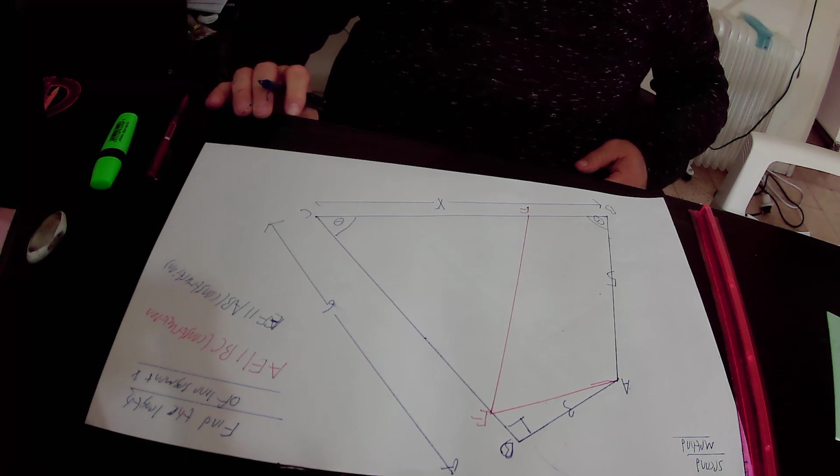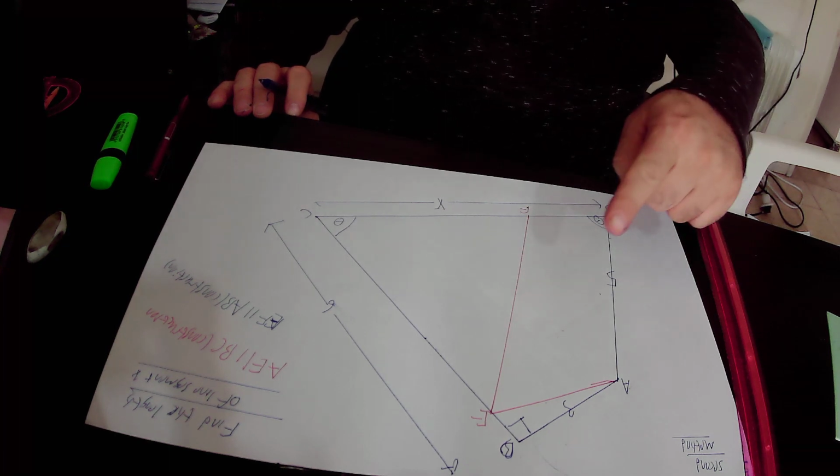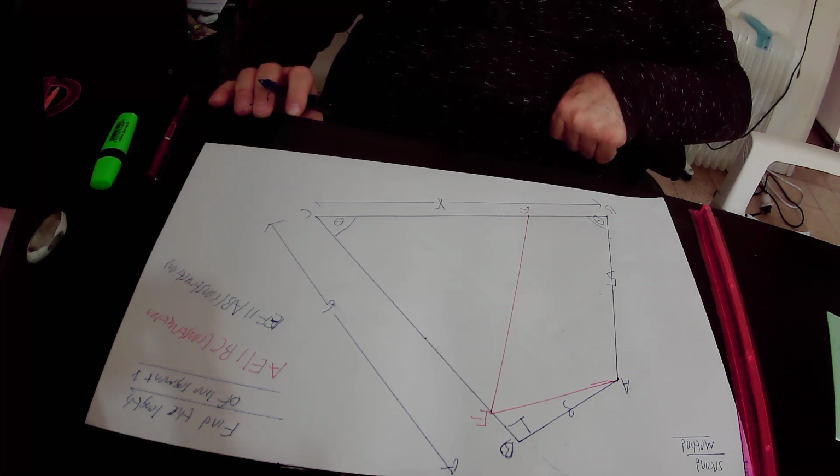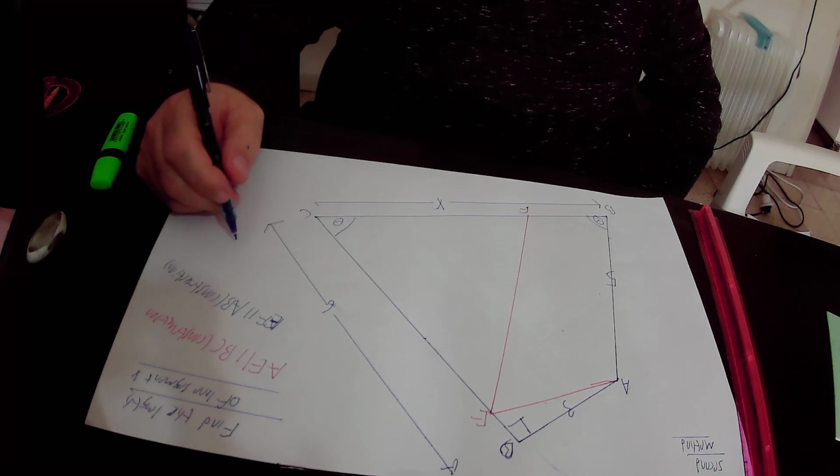So here, quadrilateral AEFB is a parallelogram. I write it down.